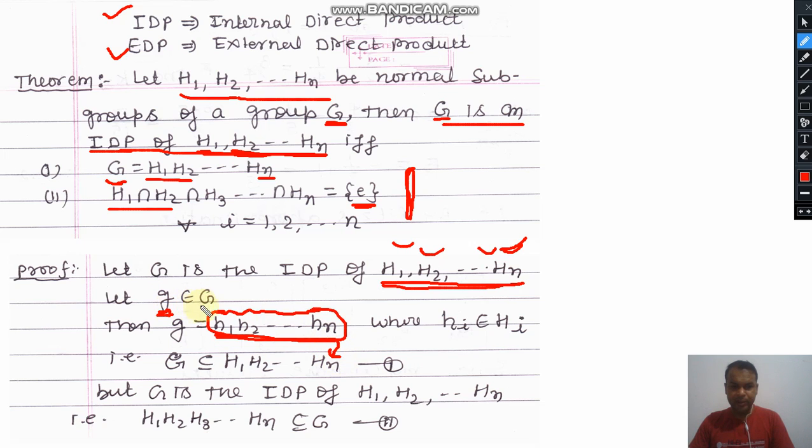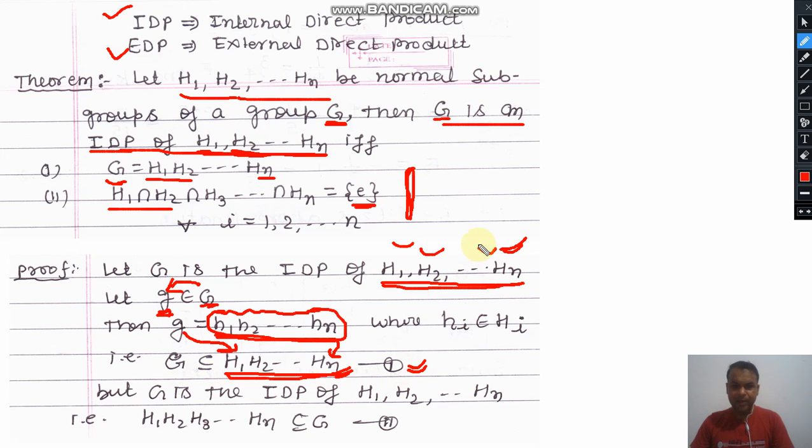Here we have assumed that capital G has element g, and that element is also available in this product. It means every element of capital G is an element of H1, H2 up to Hn. So capital G will be a subset of the product of these n normal subgroups. So this is my first condition.